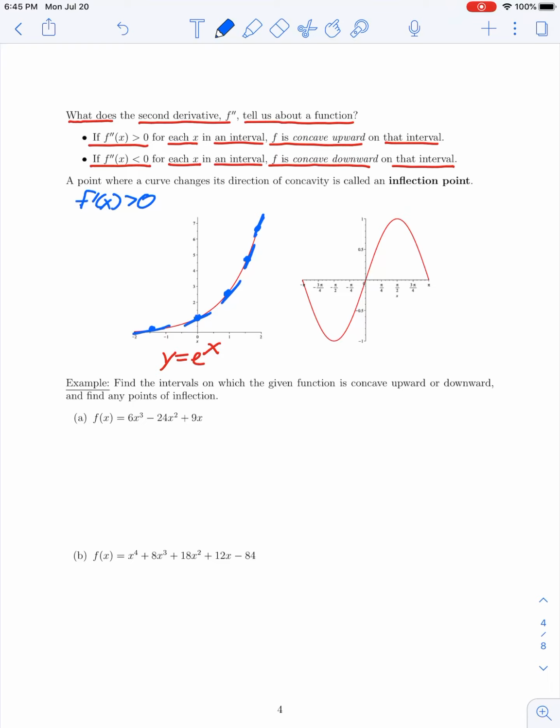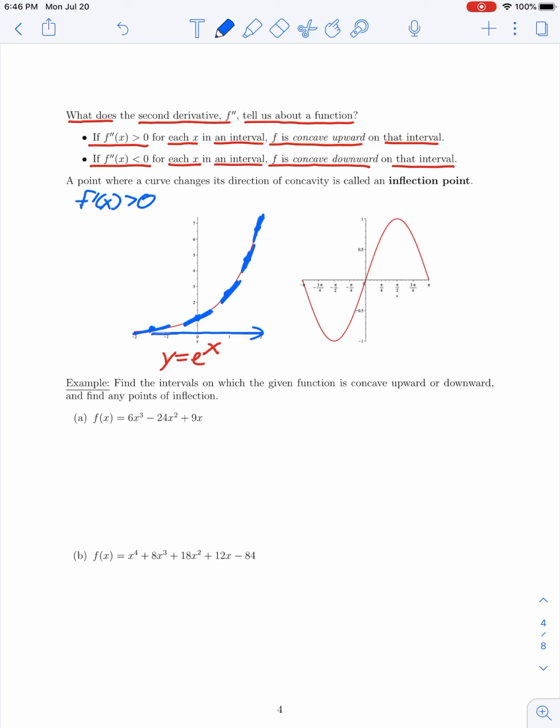Now, if we look at the second derivative, which would also be e to the x, we're looking at the rate of change of the first derivative. So let's think about what that represents geometrically. The slopes of these little tangent line segments, which I've drawn, represent the first derivative. And we see that as we move from left to right along the x-axis, these slopes are getting larger and larger.